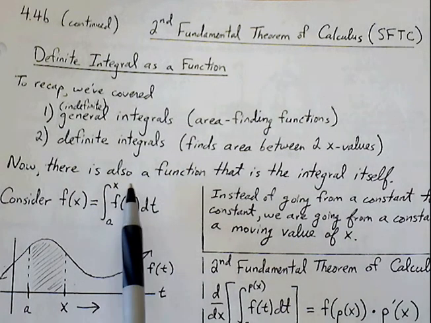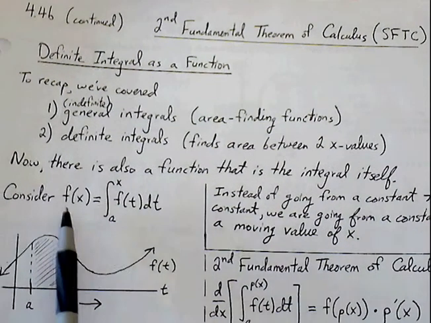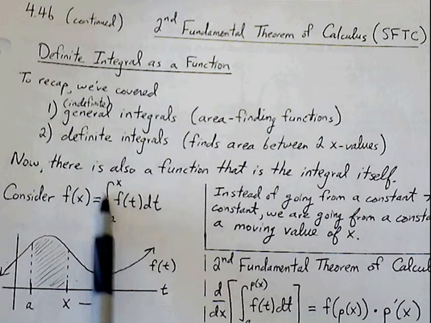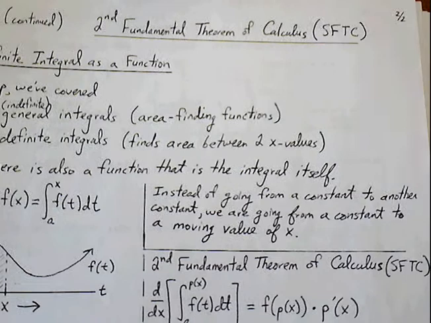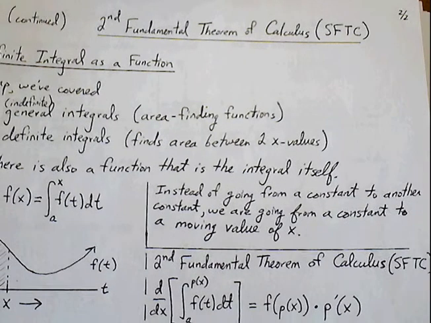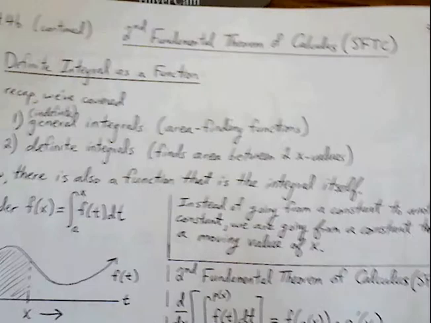Now there's also a function that is the integral itself. So let's say the function is defined by the definite integral of f of t from a to x. Instead of going from one constant to another constant, we are now going from a constant to a moving value of x.